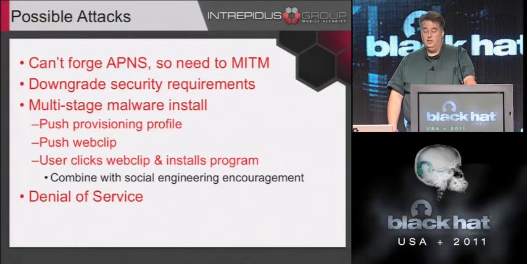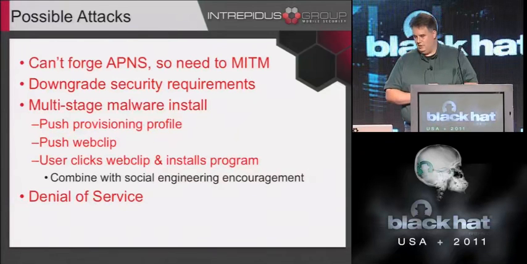If you can man in the middle it though, you can push out new profiles. And if you can push out a profile, you can do all kinds of great things. You can downgrade the security requirements, though it won't force the user to change to a cheap password because all of a sudden he's allowed to use a simple password. But you can at least downgrade other security requirements, or the next time they change the password, maybe they'll enter something simple and they won't realize it and it won't yell at them.